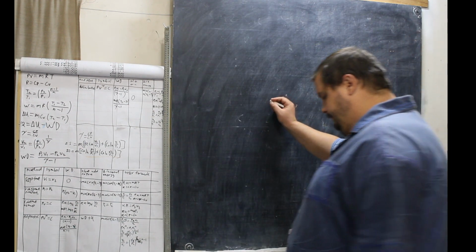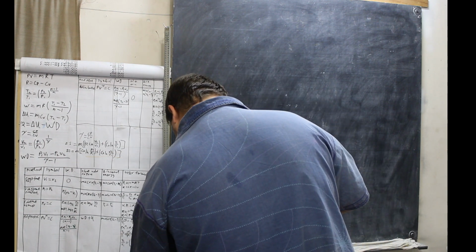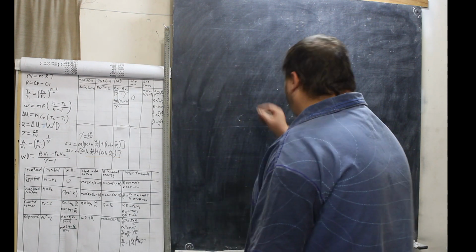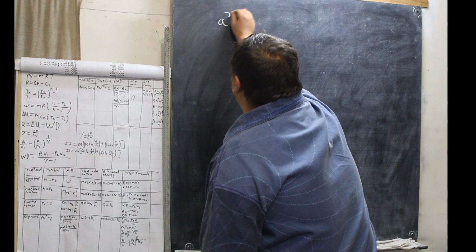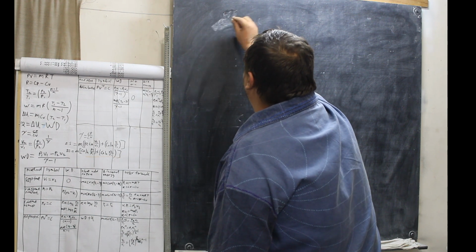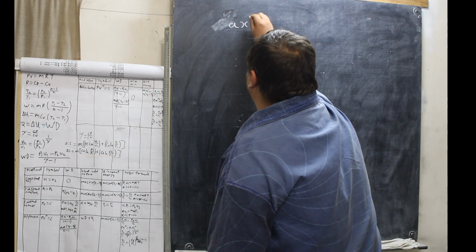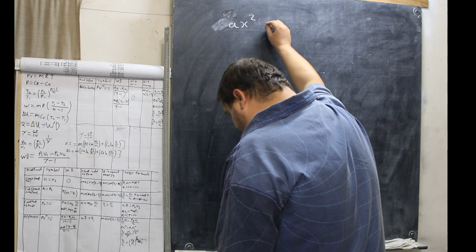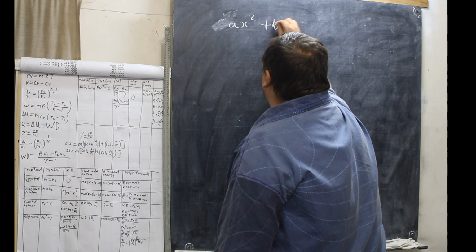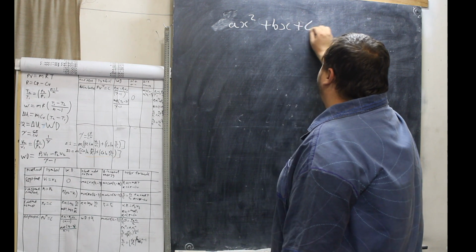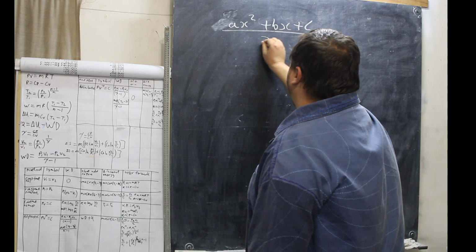Okay, next sum is ax squared plus bx plus c, all over x.